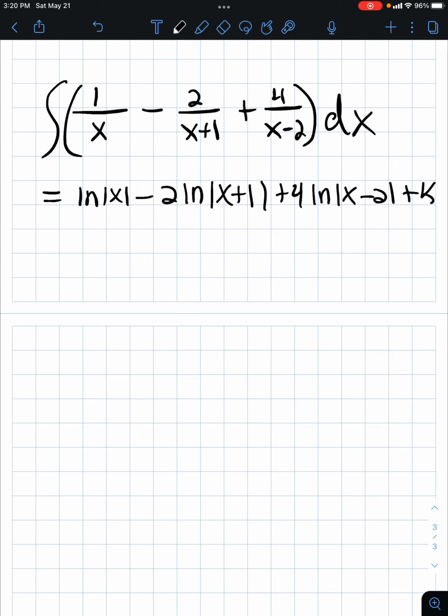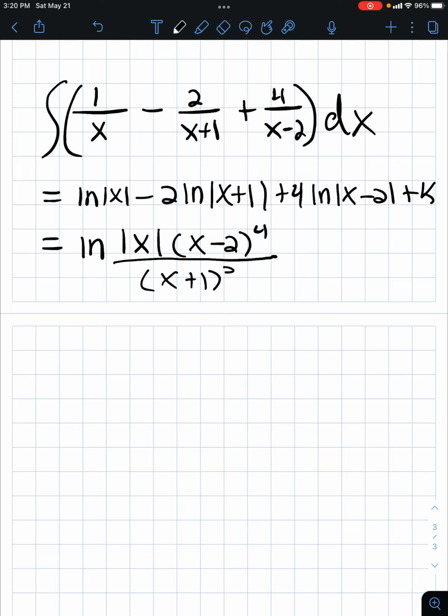Now we can simplify this a little bit. If you remember some natural log rules, a minus essentially means we can divide. So we are left with the natural log of x times (x − 2) to the 4th, divided by (x + 1) squared.